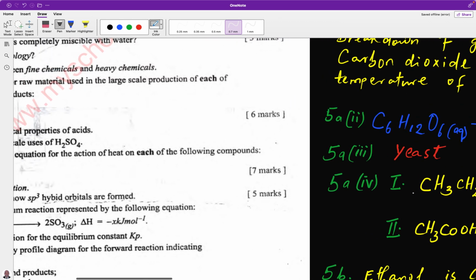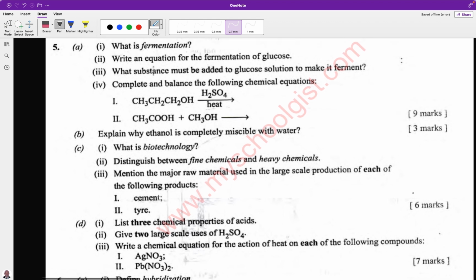Then the other reaction was ethanoic acid plus methanol. When a carboxylic acid reacts with an alcohol, the resultant is an ester. It's a condensation reaction resulting in the formation of an ester with a molecule of water being released.